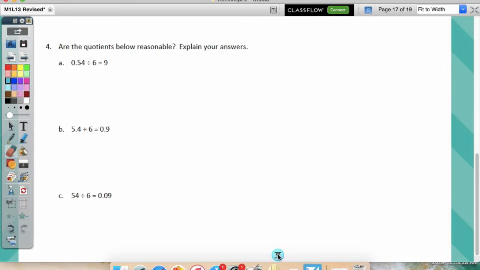It's not reasonable, is it? Okay, so our answer is not reasonable. Can you write no underneath it? Do you have room? Yes. Okay, because yours looks a little different than mine, doesn't it? No, because what? The answer should be, well, let's write it in unit form. The answer should be 9 what? 9 hundredths.